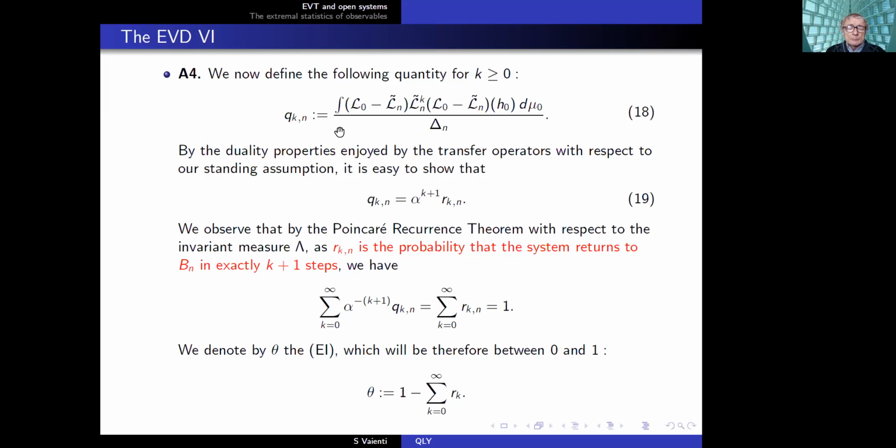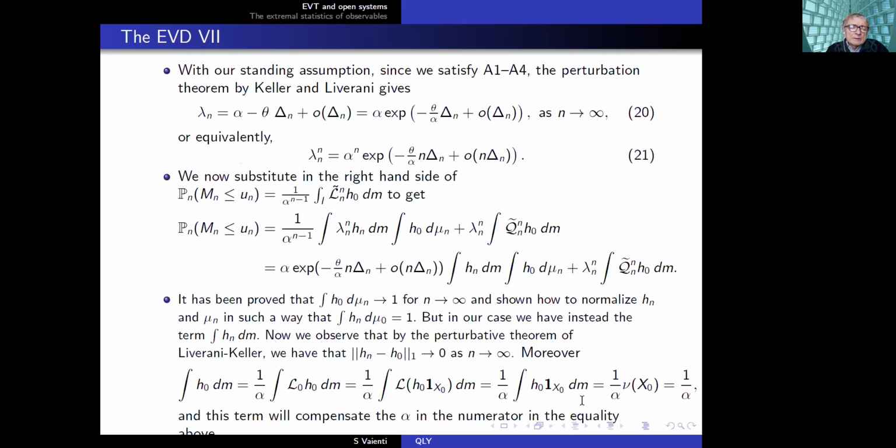And for people working in this field, this extrema index has some interest because it's related to what people call the clusterization of rare events. And we will see in a moment that in our case, this extrema index can be detected and is related to the escape rate in some situation when we put the target set not around any point but around a periodic point. But I will state it at the end as a final result.